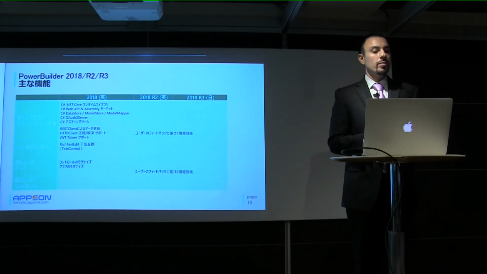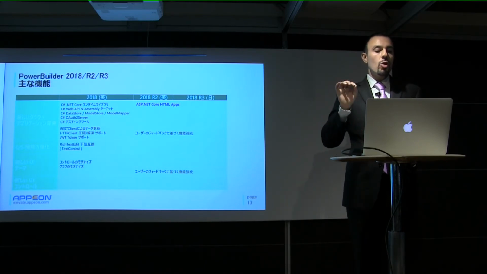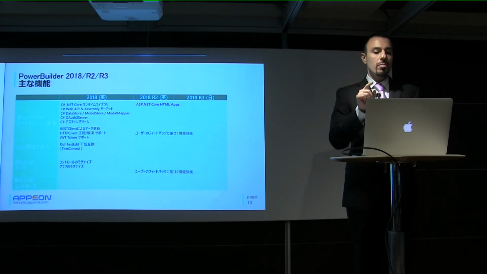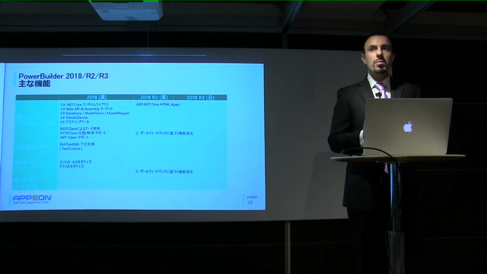例えば、この2018 R3 ができたときに、HTML の .NET Core のアプリケーションを作ることは一つの大きなオプションになります。 And of course, these apps will be using the C# server framework we provide. もちろん、これらのアプリケーションは我々の C# データフレームワークを使うことになります。 Now, I made this feature highlighted in purple because even though PowerBuilder 2018 is not released yet, we already have a team that's developing this feature. ここにちょっと紫色に表示されている機能、このところは、うちの開発チームは今すでに開発し始めているところです。 So the point is, in Appian, we do things in parallel.